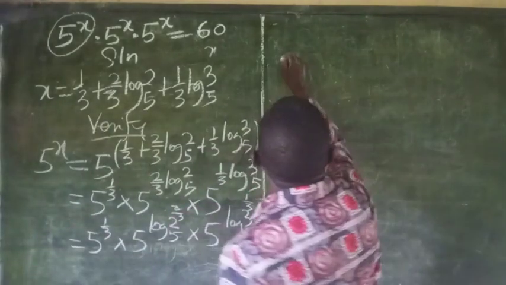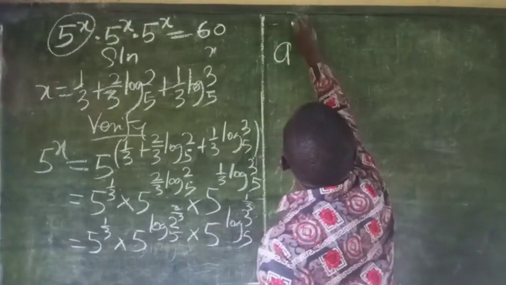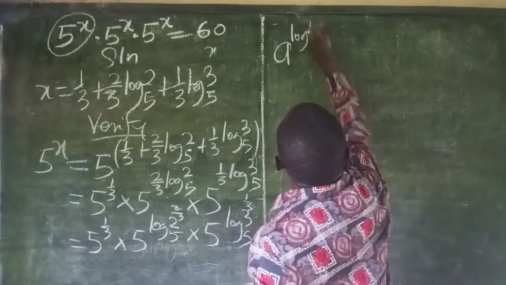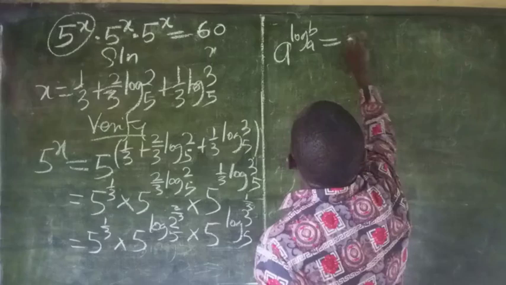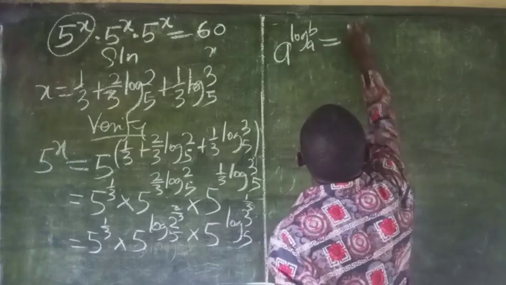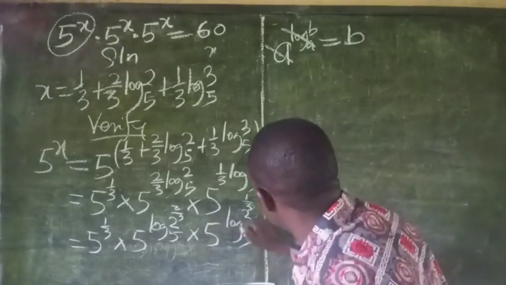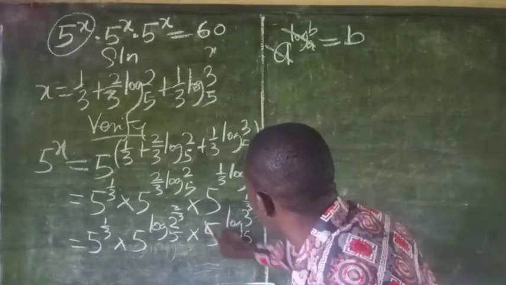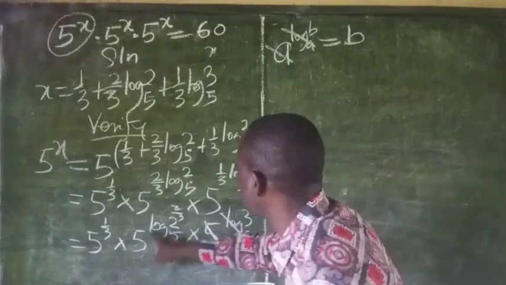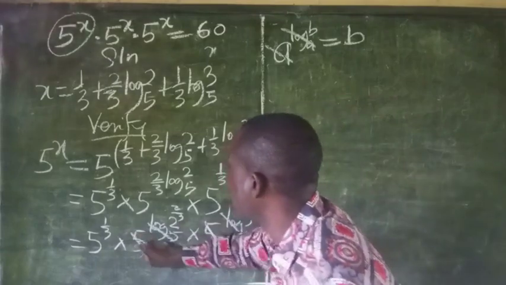And if you remember, if 5 is raised to power log B base A, our answer from here is equal to B. We are going to do that here. If we look closely, log to base 5 we cancel out, log to base 5 we equally cancel out.